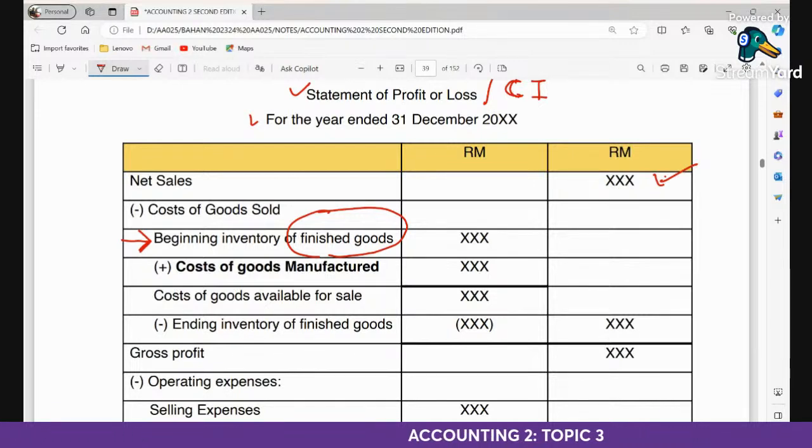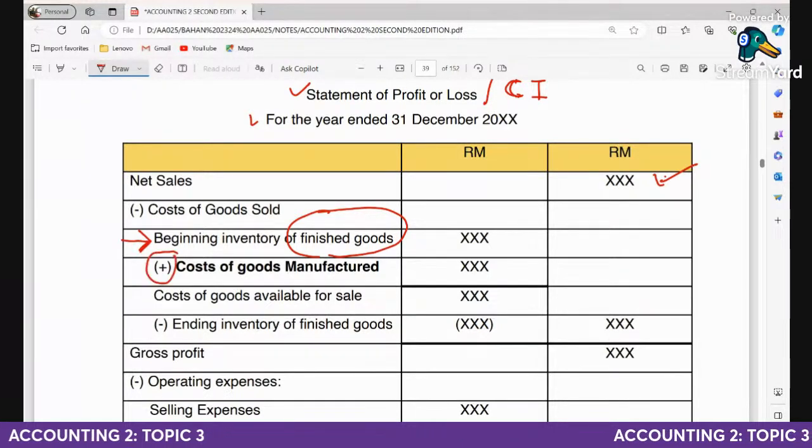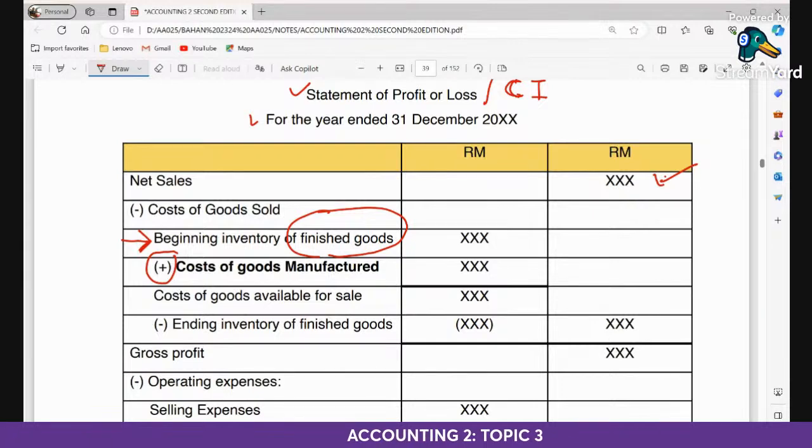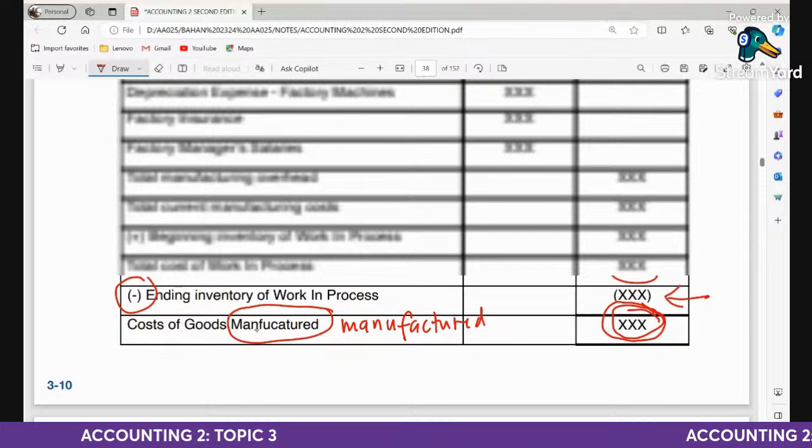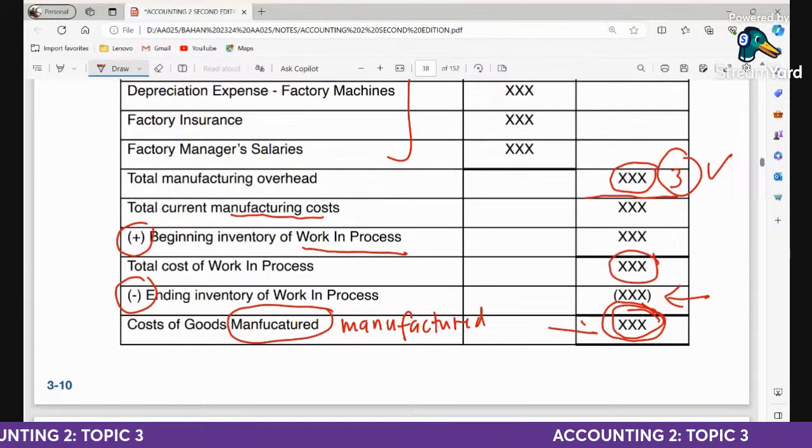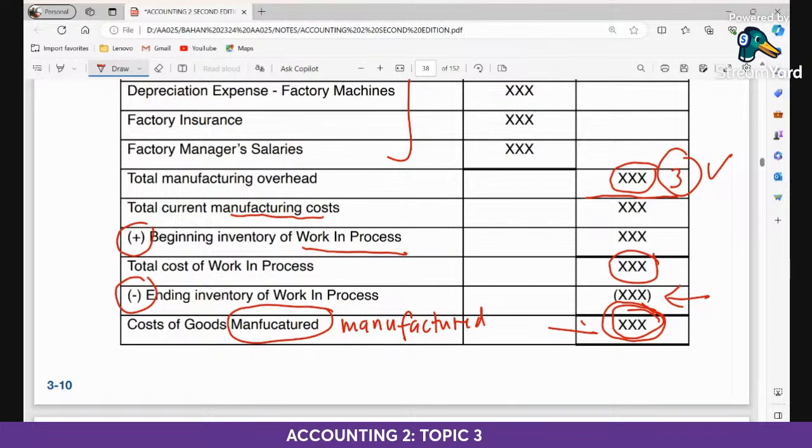Lepas tu kita tak ada purchases. Sebab kita beli tadi barang mentah, kan? So kita akan tambahkan di sini cost of good manufactured. This is actually amount yang anda kira di statement tadi yang ini. Okay, sebab itu kena hati-hati nilai ini dibawa turun ke bawah.